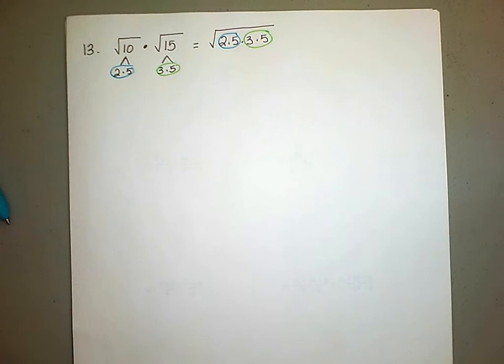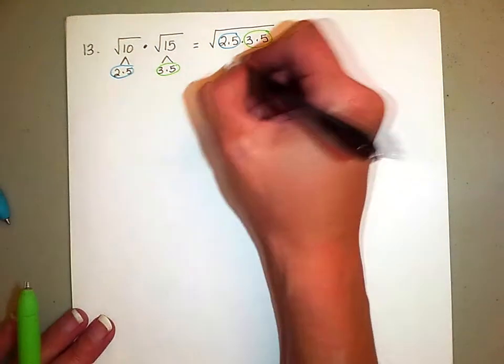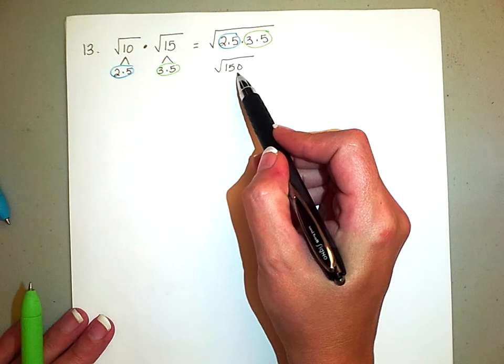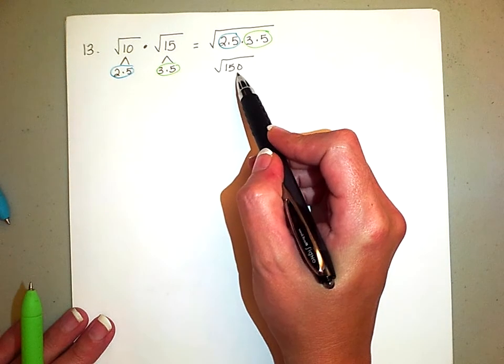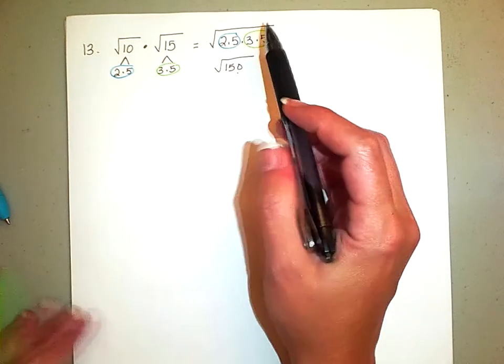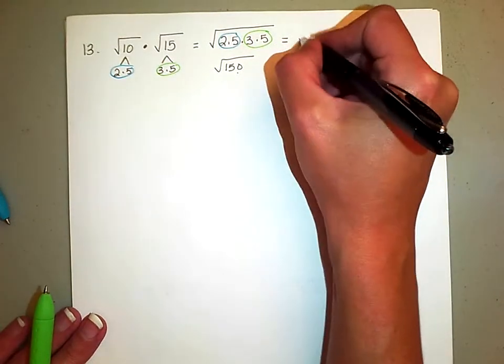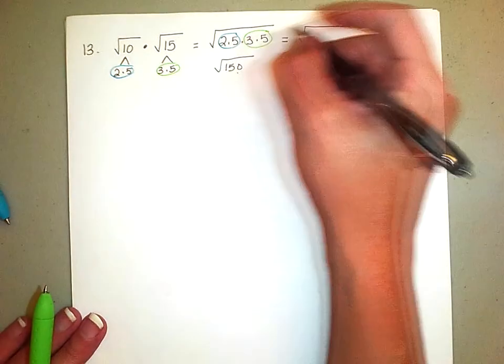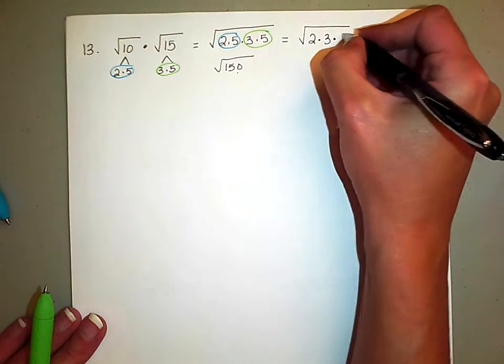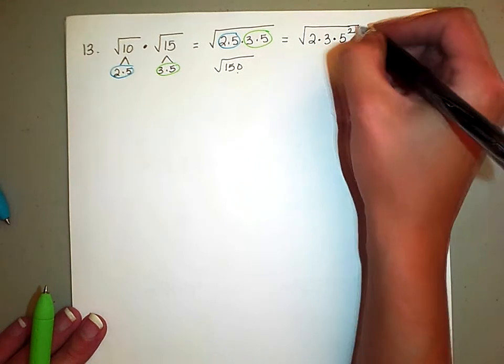It's true, you could just write this as the square root of 150, but at this point, what you're going to have to do is take the prime factorization anyway. So here, we've just worked with it already. So we could write this as the square root of 2 times 3 times 5 squared.